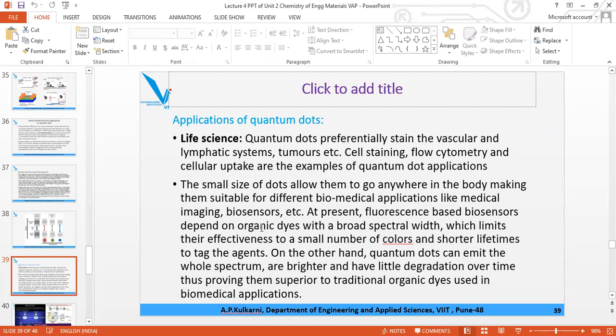The small size of the dots allows them to go anywhere in the body, making them suitable for different applications like medical imaging. Imaging is of two types. We have the CT scan, MRI scan, etc. Sonography is also there for scanning purposes.